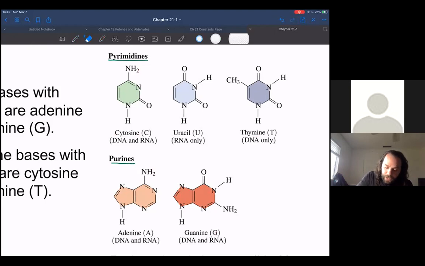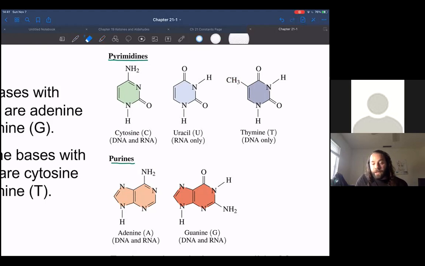Long story short, by methylating this group, nature found a way of decreasing the amount of mutations that would occur in the DNA strand itself. It's thought that all life was based on uracil back in the day, and then our bodies evolved to have this methylated component, thymine, because it prevents mutation in that long storage of DNA. That's just FYI.